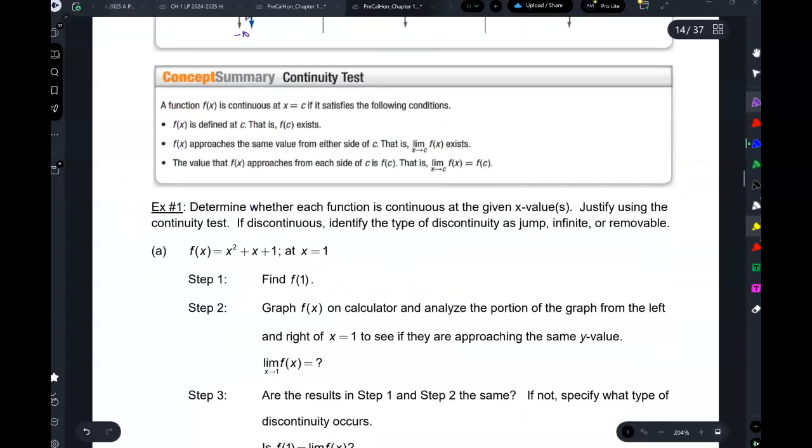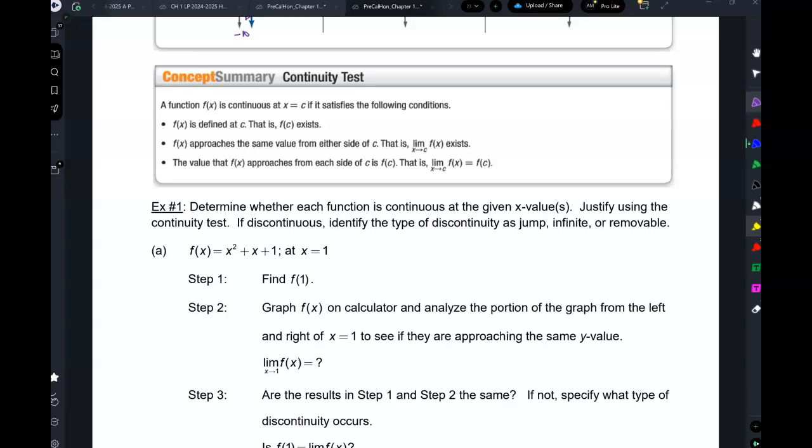To say something is continuous at a point, it has to meet three conditions. It's literally number 1, pass, number 2, pass, number 3, pass, done.